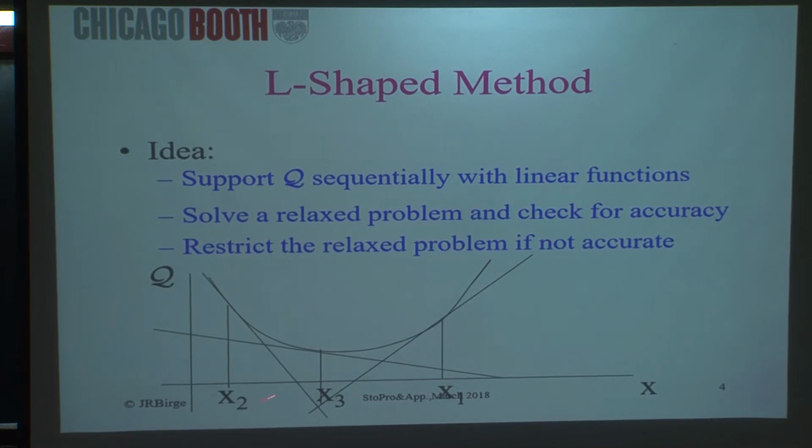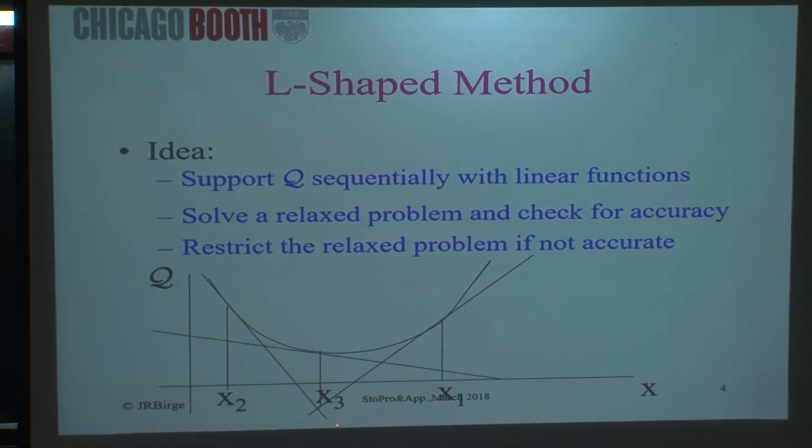And then I can optimize over that lower bound. So that might push me off in this other direction. Maybe I get the next point over here, x2. Then I go up to the Q function again, and find another linear support that's just tangent to the curve. It gives me another lower bound.